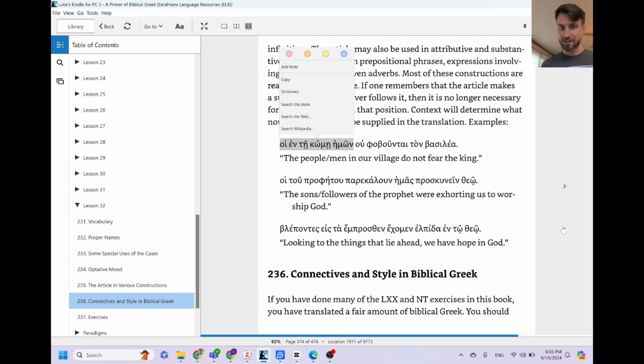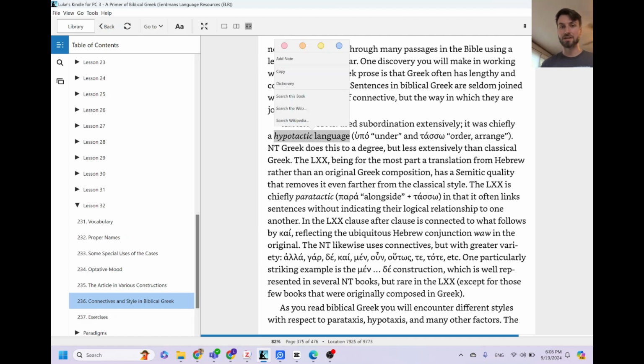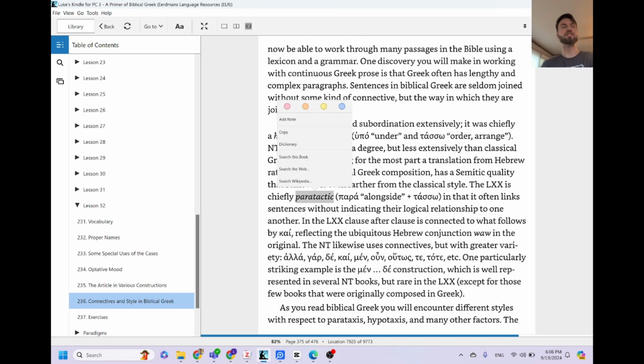236 talks about connectives and style, and this is just saying that classical Greek was more of a hypotactic language, versus paratactic. Paratactic is more easy. Especially Old Testament Hebrew is like this, where it's just like, and Jacob got up, and he did this, and he did that, and then he said this, and that. It's just sentence, sentence, sentence connected by and. It's not very complex syntactically.